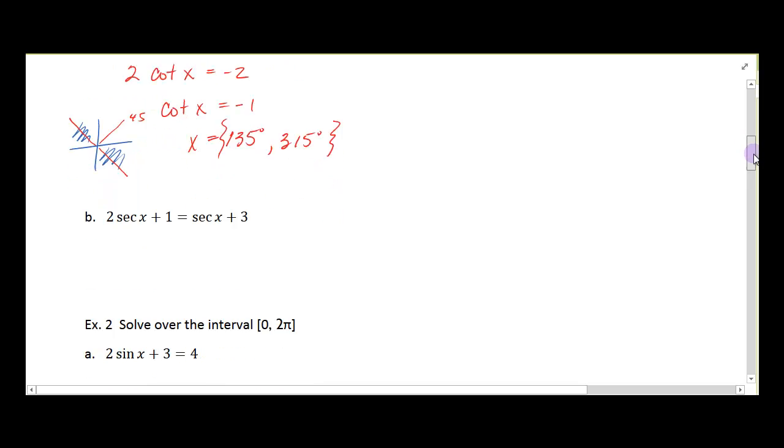So let's practice another one. For this example, I have 2 secant x plus 1 equals secant x plus 3. I'm wanting to isolate the trig function. In other words, that's what I'm solving for initially, and I'm going to do that by gathering all of my secant x terms up on the same side.